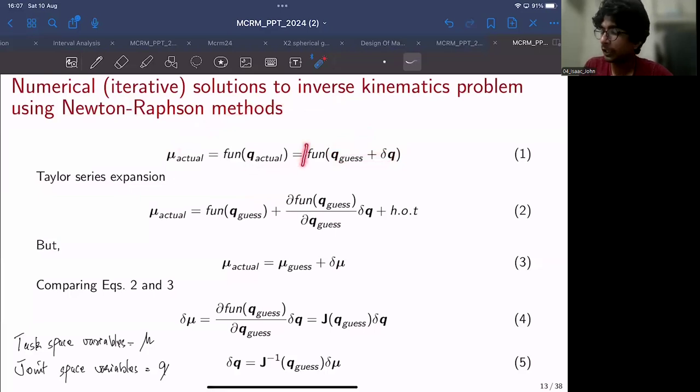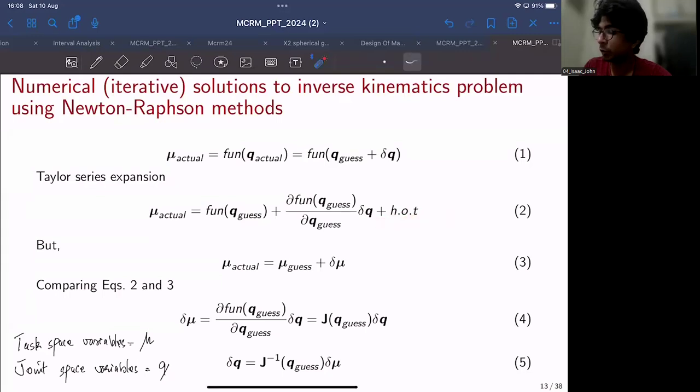If I do a Taylor series expansion for this function, mu actual, the expansion would be f of q guess plus dou f by dou q into delta q plus the higher order terms, dou square f by dou q square delta q square.